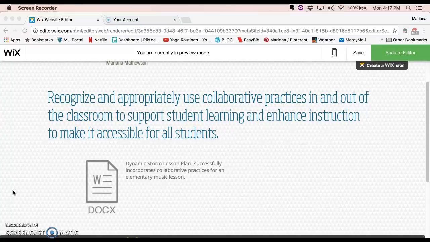So I really think that co-teaching and collaboration between teachers as well as other students is very important, especially in music, because when you play together in an ensemble, you have to collaborate. You have to be aware of the people around you and what they're doing with their musical parts and how your part fits in with them.